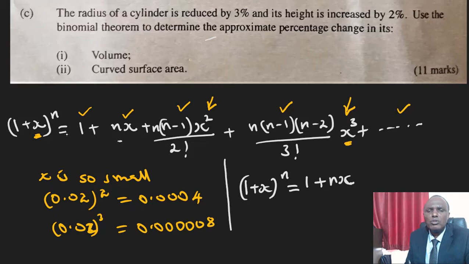But when we go to the third term, where we are getting the square of a very small number, we can ignore that because it will be a very small value.